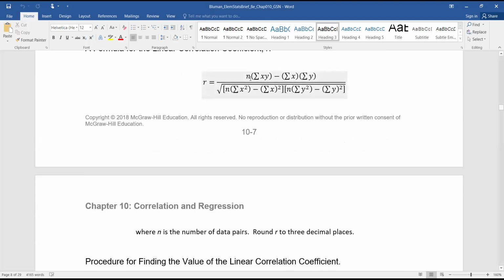This will be n times the sum of the product of x and y, minus the sum of x times the sum of y, all divided by the square root of n times the sum of x squared minus the sum of x all squared, all times n times the sum of y squared minus the sum of y all squared. This looks intense, but once you fill out a table and figure out all the answers, then it's just a bunch of plugging in. Again, n is the number of data pairs, and we're going to round r to 3 decimal places.